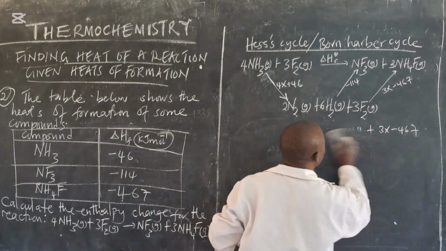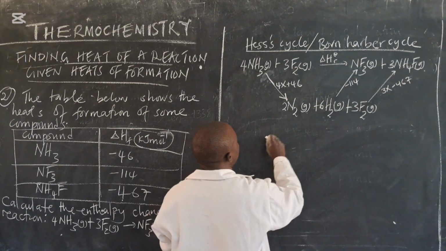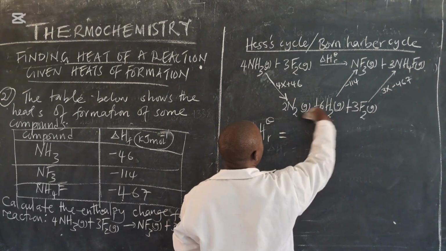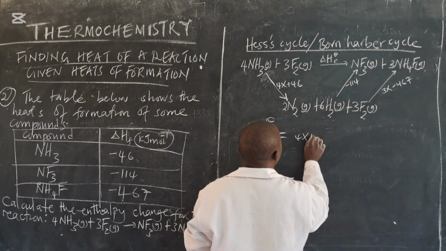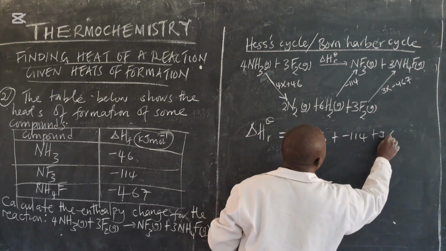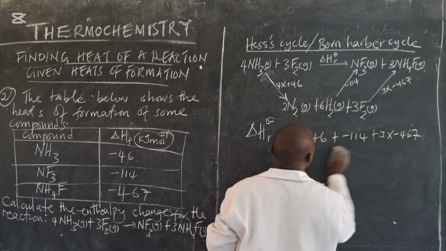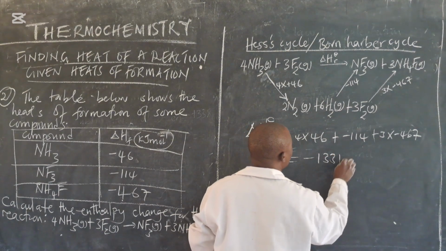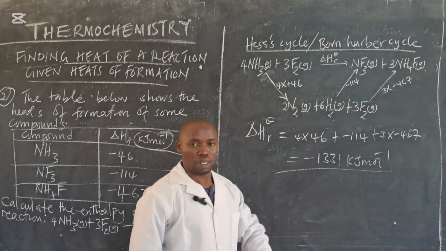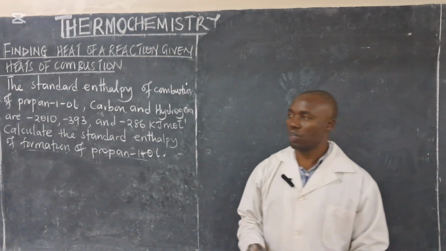So this one is equal to these ones here. That is 4 times 46 plus negative 114 plus 3 times negative 46. That gives me negative 113 kilojoules per mole. Double check that calculation.